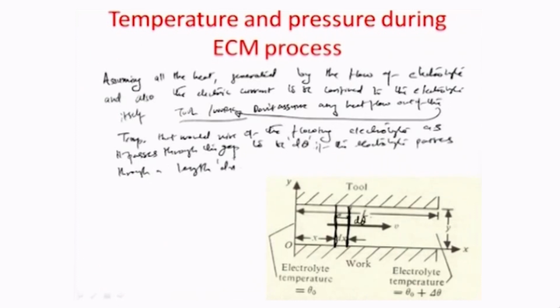So, of course, the amount of heat carried by the electrolyte, delta q dot, is also given as the mass flow rate m dot times the specific heat capacity C times delta theta, right, Q equal to mCT.